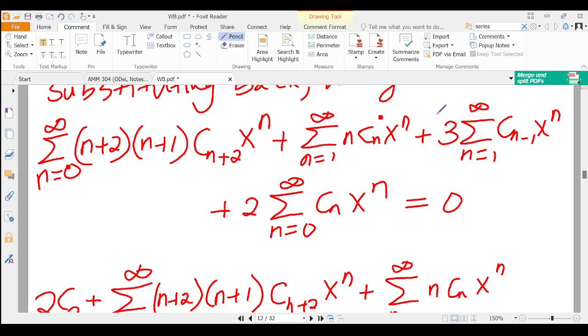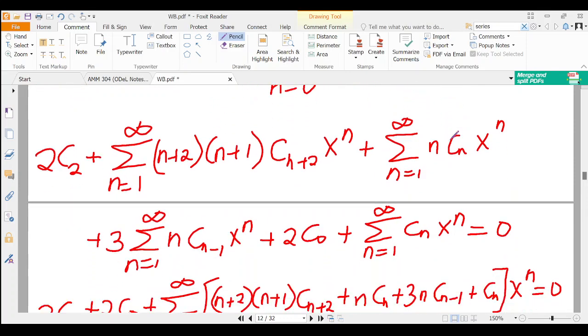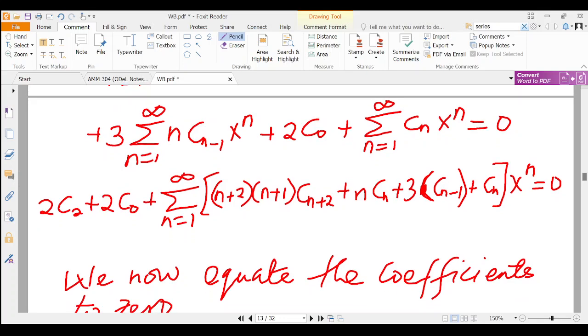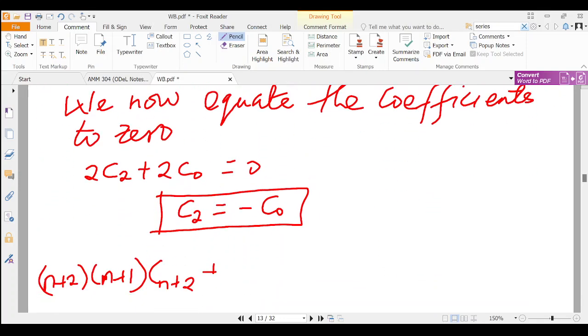There seems to be an error here. The coefficient here was 3 times c_{n-1}. So there was no n here. This is just 3 c_{n-1}.